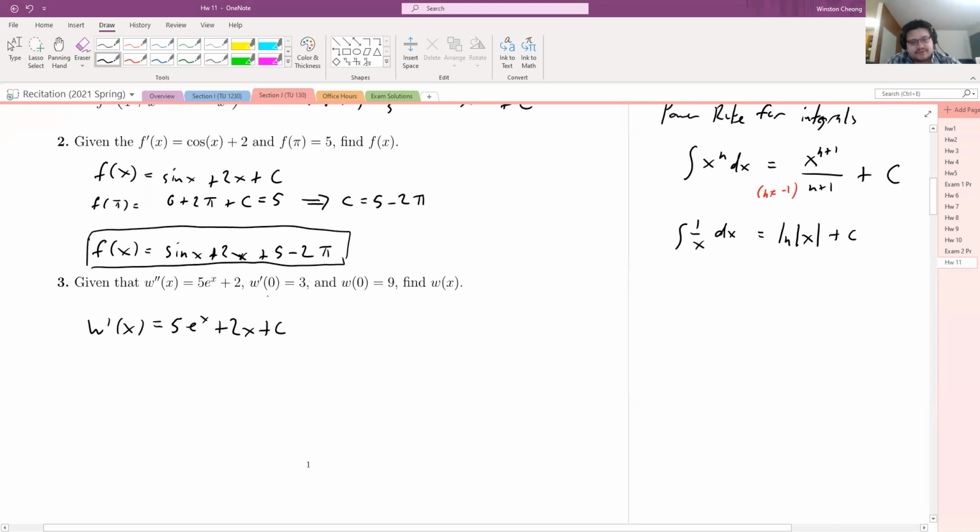And now if I use this first condition, w prime at 0 is equal to 3. That's going to give me 5 plus 0 plus c, so 5 plus c is equal to 3. So c is equal to -2. And then we can rewrite that just before we actually integrate it yet another time.